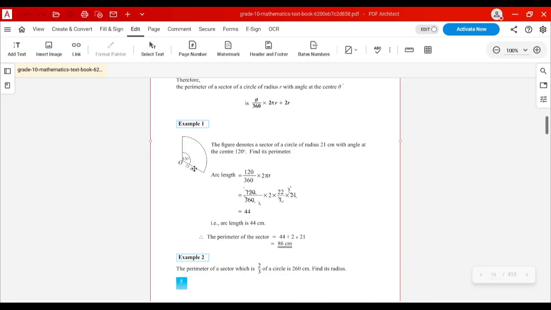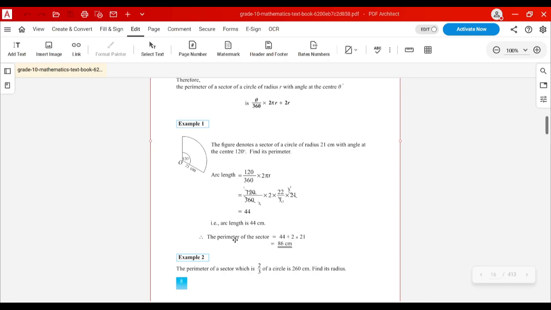So in short form, it's the fraction 1 over 3 into 2 pi r. You can do it that way as well, or if you are not sure of yourself, it's totally fine. You can go along with the given degree, 120 over 360 multiplied by 2 pi r, and then you will get the arc length as 44 centimeters.